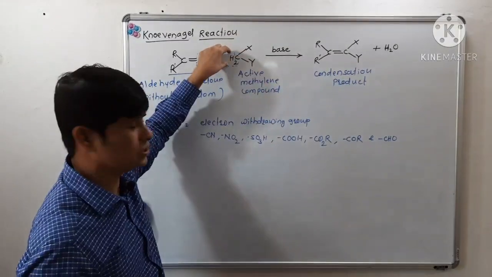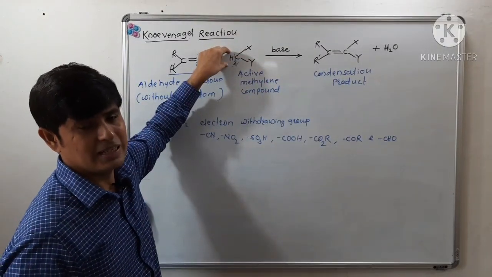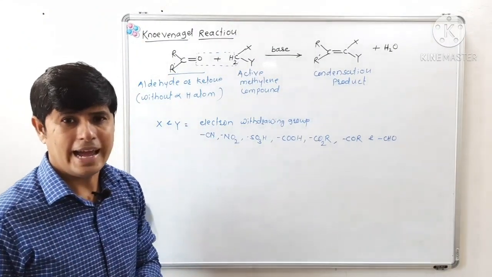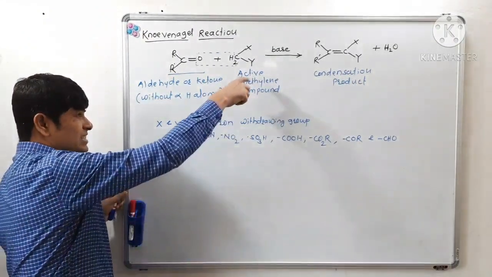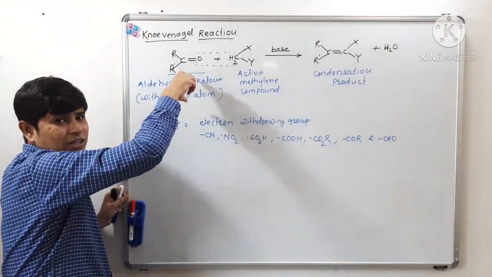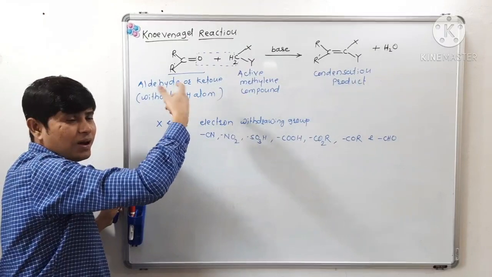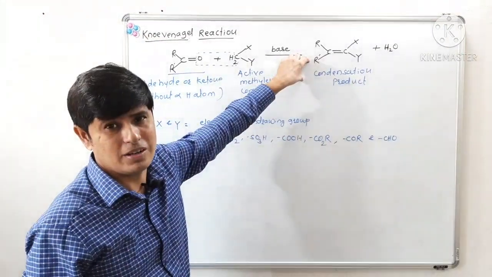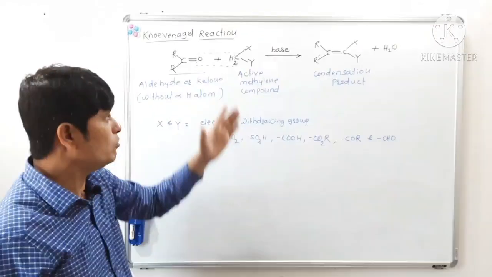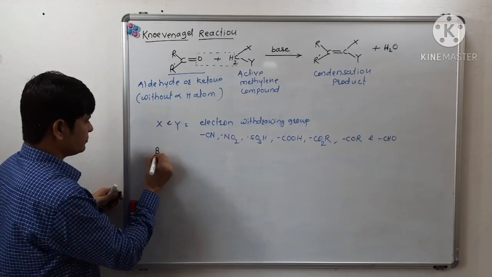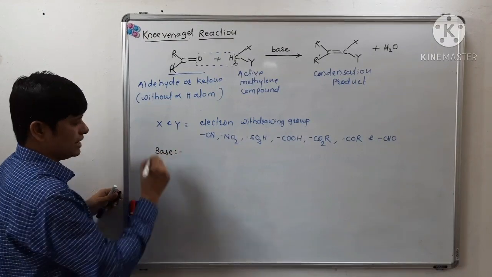If any such electron withdrawing group, X and Y, is attached to CH2, then this will be an active methylene compound. When such an active methylene compound reacts with an aldehyde or ketone which is not having alpha hydrogen atom, there is formation of condensation product in presence of base. Now which kind of base can we use?